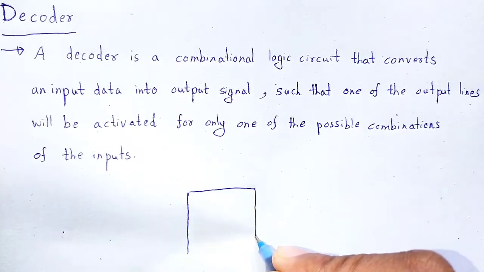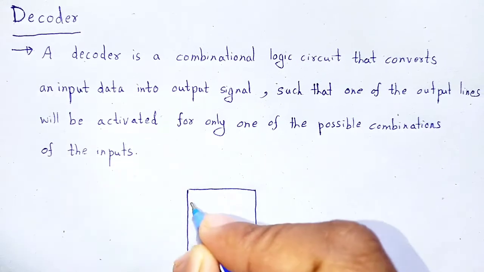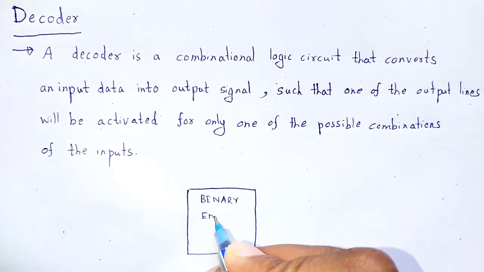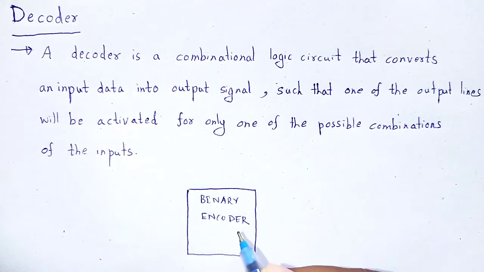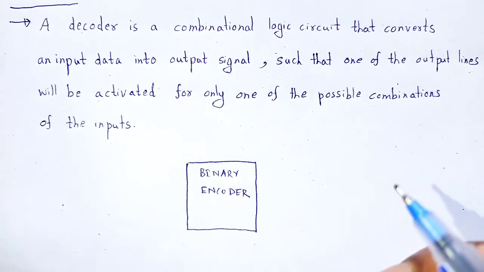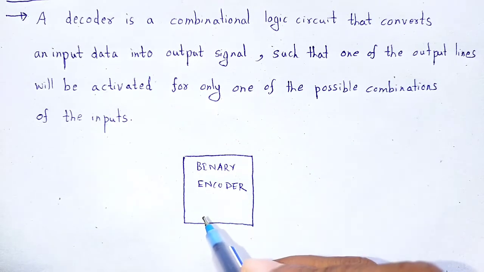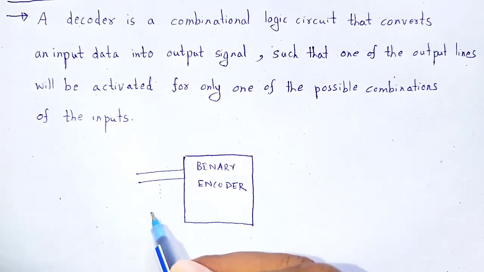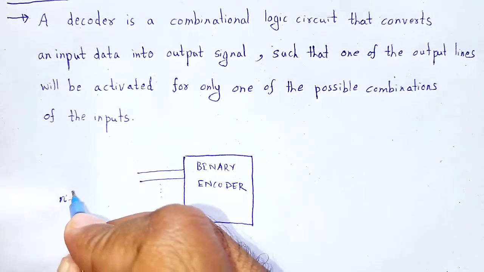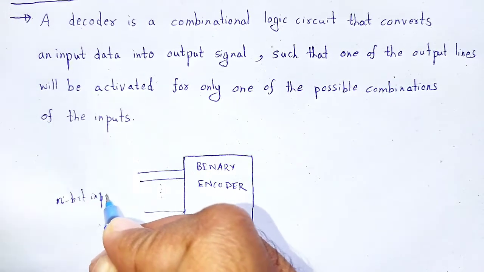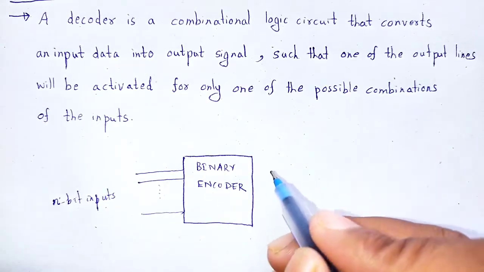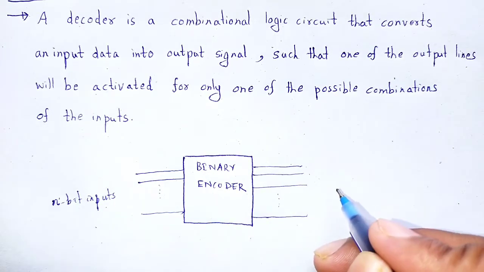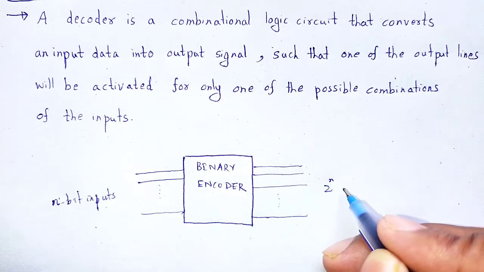A block diagram of a decoder. If we prefer n bit inputs, therefore at output we have 2 to the power n output lines.